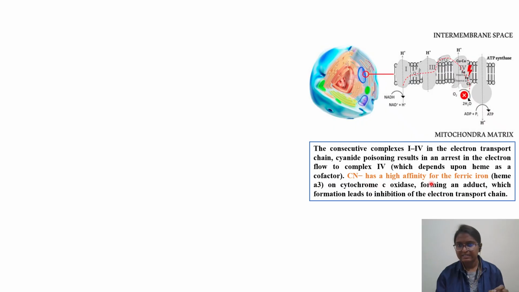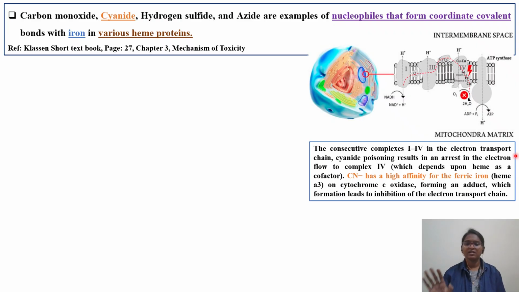Cyanide has high affinity for the ferric iron of heme a3. You have to remember cytochrome a3 and cytochrome c oxidase forming an adduct, which leads to inhibition of this electron transport chain. Okay, that is the reason there will be rapid action. Important organs, the brain as well as your heart, will be deprived of oxygen.